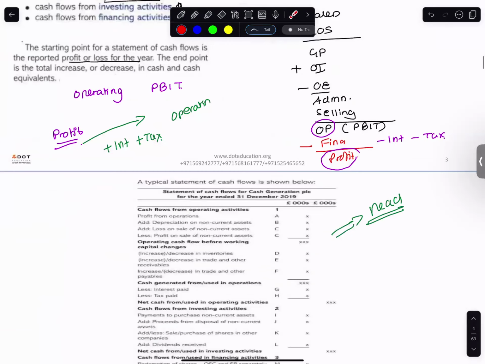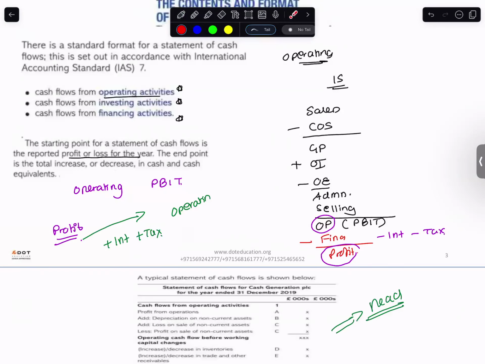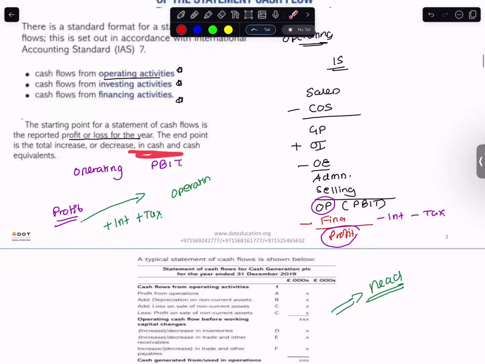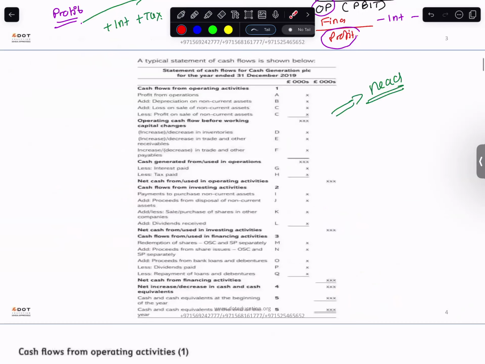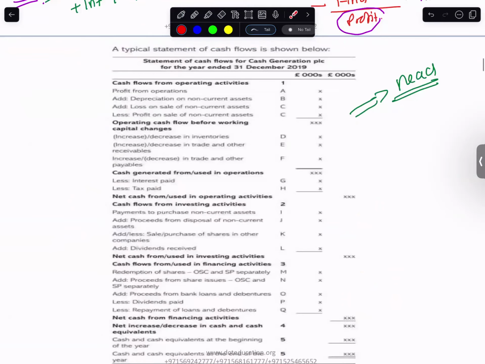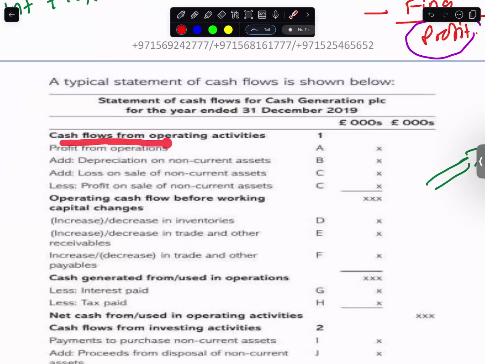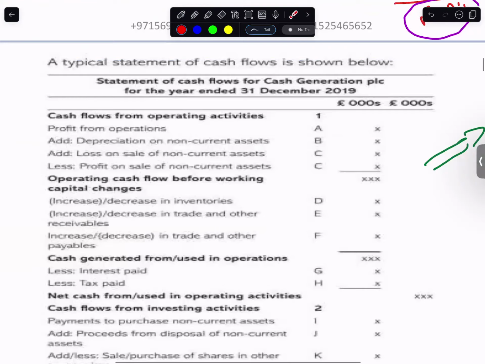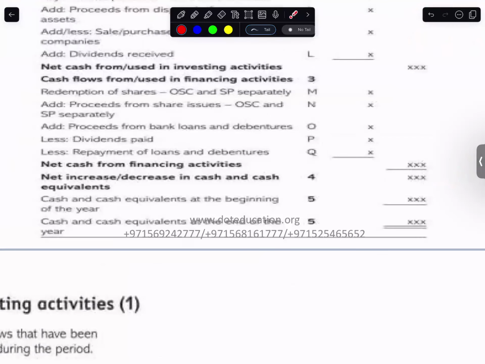The starting point would always be operating profits, and the end of the cash flow statement would be increase or decrease in cash and cash equivalents. So the statement of cash flow starts with cash flow from operating activities, the first point being the operating profit, and the last point being the increase or decrease in cash or cash equivalents. Are you with me?